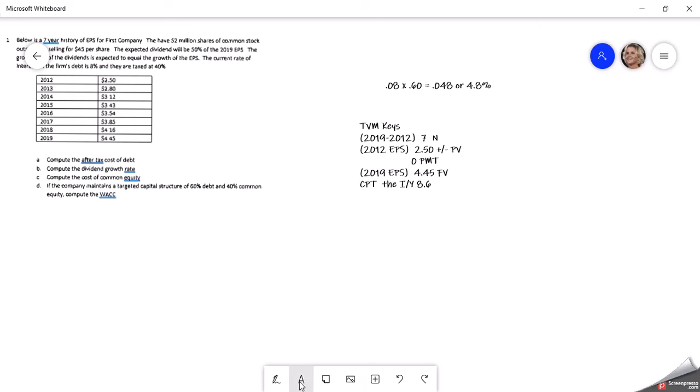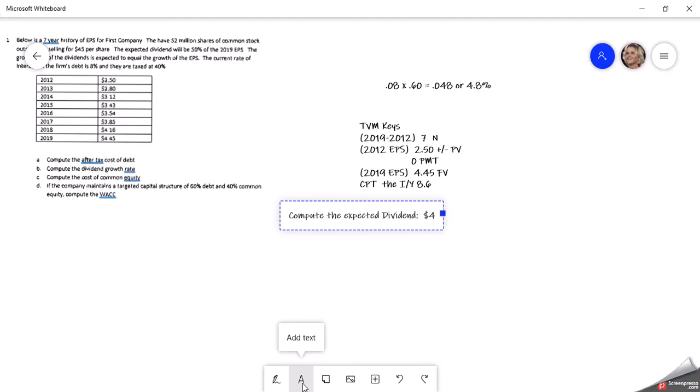There's one more thing that I have to do before we do that, and that is to compute the expected dividend. In this case, it tells us up there that the expected dividend is 50% of the 2019 earnings per share.